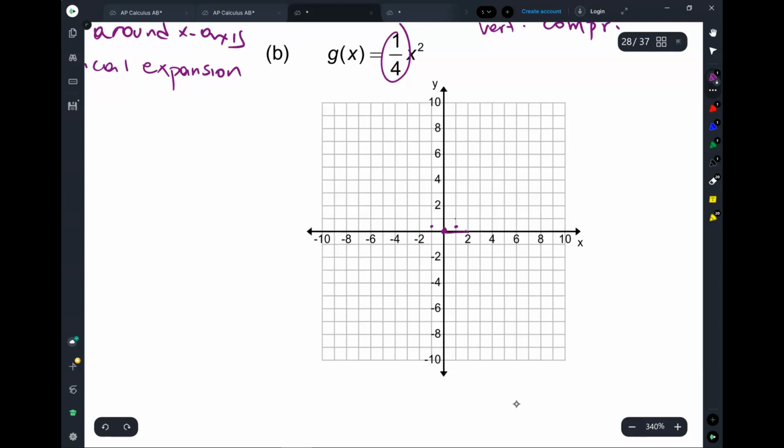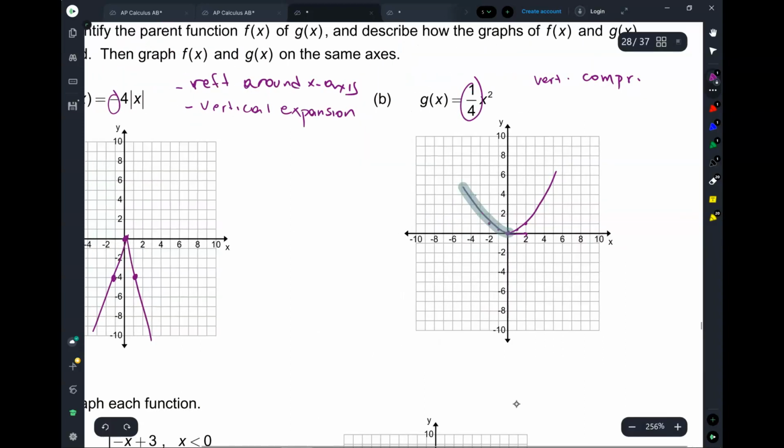If I go over 2, I should have gone up 4, but I go up 1/4 of that, so 1. And it looks like a much wider parabola.